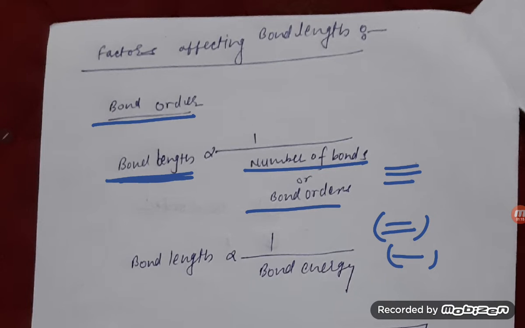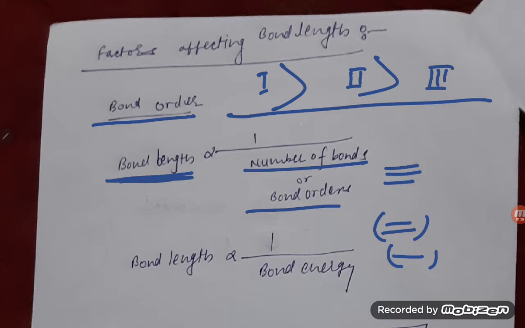So the triple bond has the shortest length, then the double bond, and then the single bond, which has the highest bond length. This is the order of bond length, students, right?